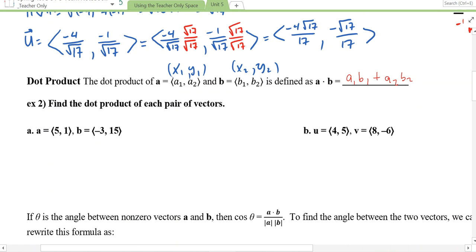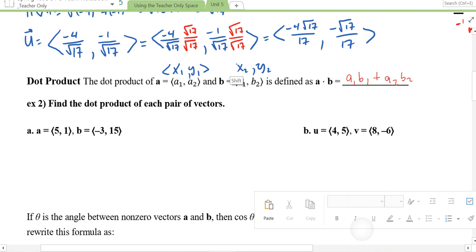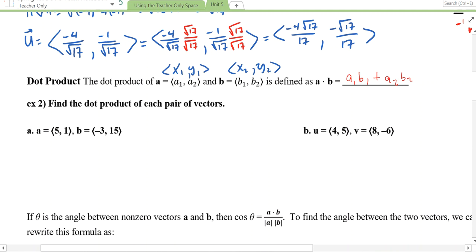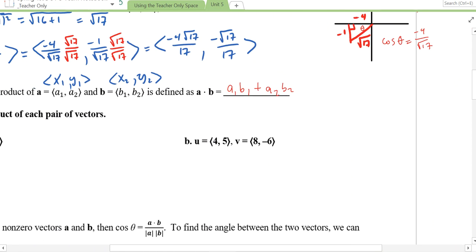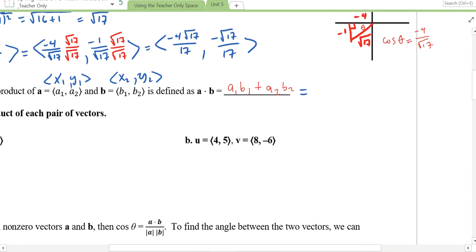Oh, hang on. These are vectors. I like to do this because this is the notation you're used to from finding slope. That's why I prefer it. And basically when you do this, it's the same thing, only it's really easy to see that you are multiplying the x components and adding them to the product of the y components.